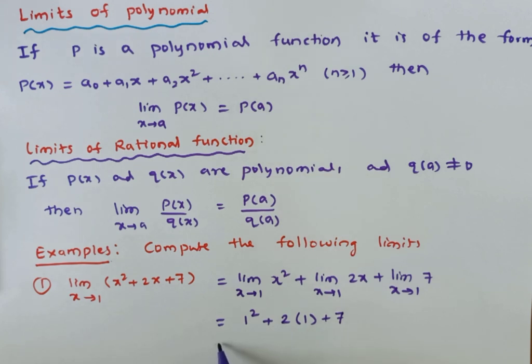So it is 1 plus 2 plus 7, that is 10. So the limit of this polynomial is 10.